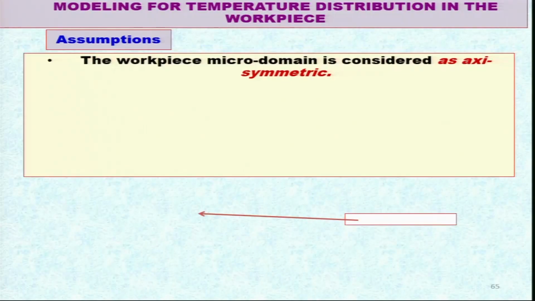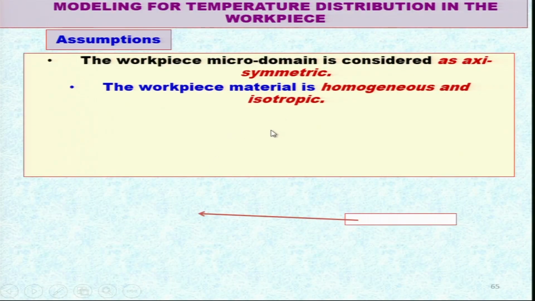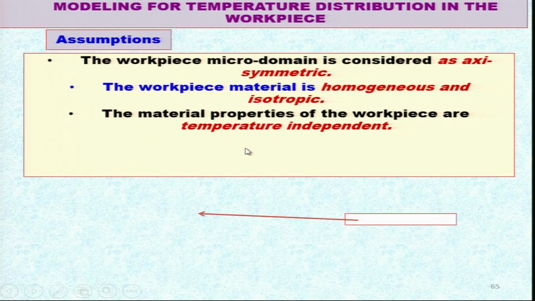Especially in the beginning, some assumptions are made which are not realistic, but later on they should be relaxed. The workpiece microdomain is considered as axisymmetric. The workpiece material is homogeneous and isotropic, which is in real life not true, but for theoretical analysis, it is assumed.